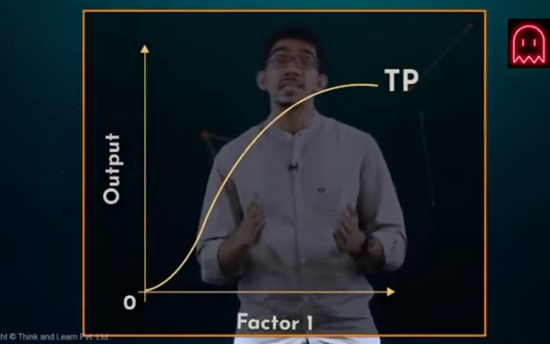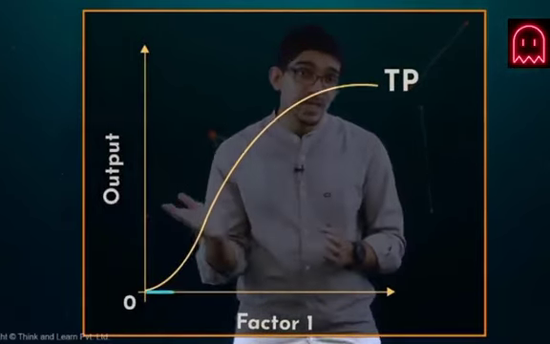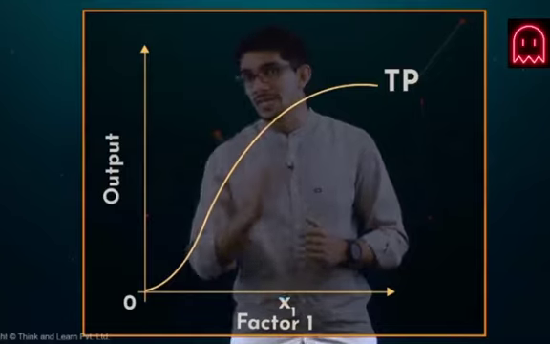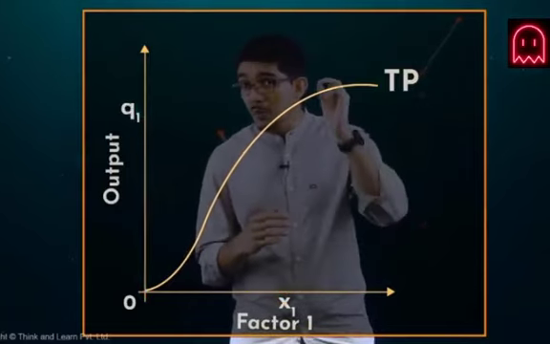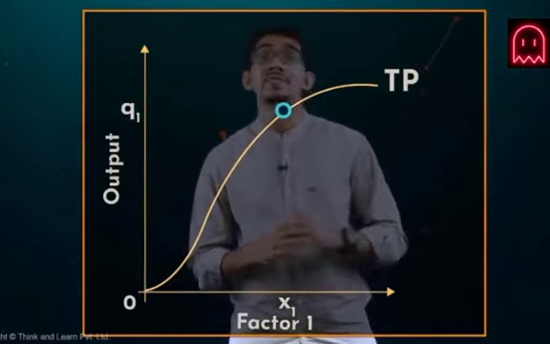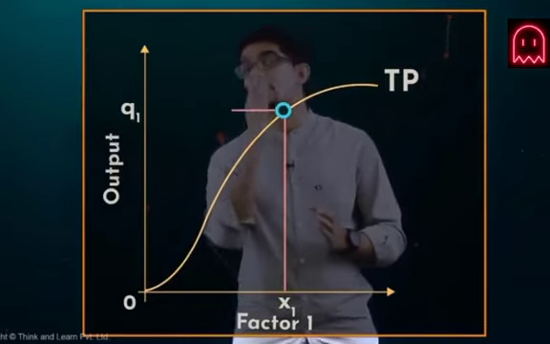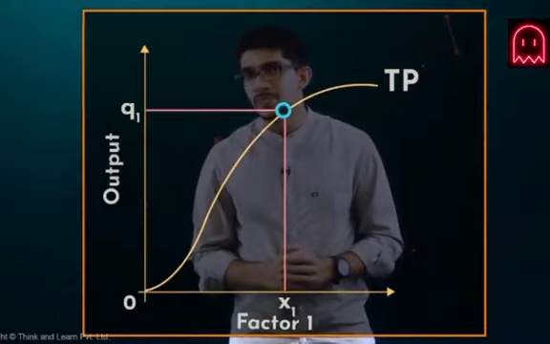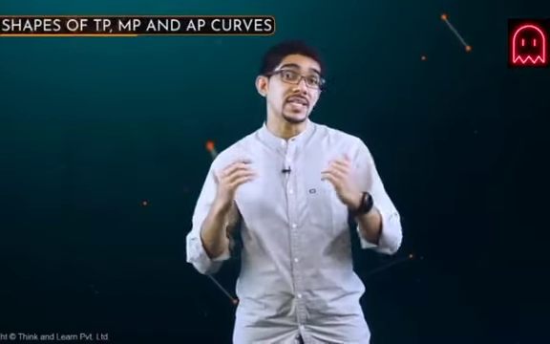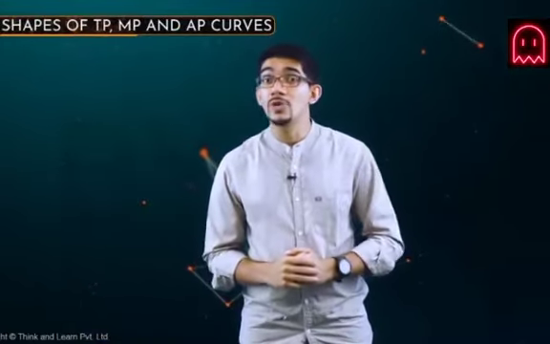Here, we measure units of factor 1 along the horizontal axis and output along the vertical axis. So, if we mark a point here, it would mean that with x1 units of factor 1, the firm can at most produce q1 units of output. So, that is what the TP curve looks like. Now, let's see how the MP curve would look.